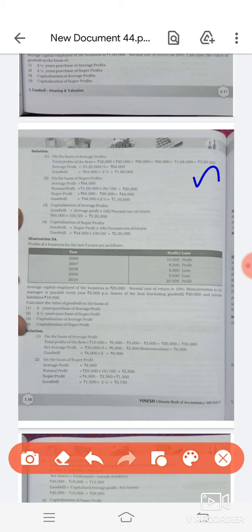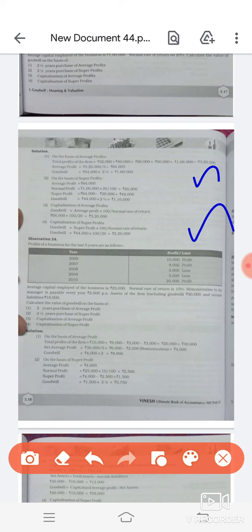We already calculated the super profit in the second method itself, so there is no need to repeat the same steps. What is the super profit? That is 44,000 into 100 divided by 20. It's a very simple sum. See illustration 24.